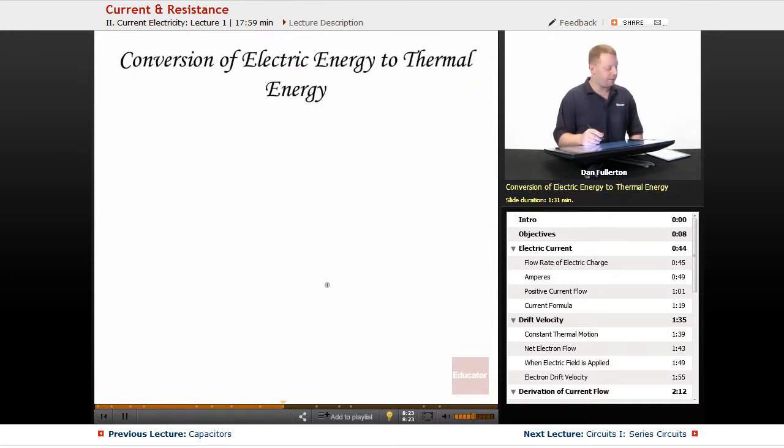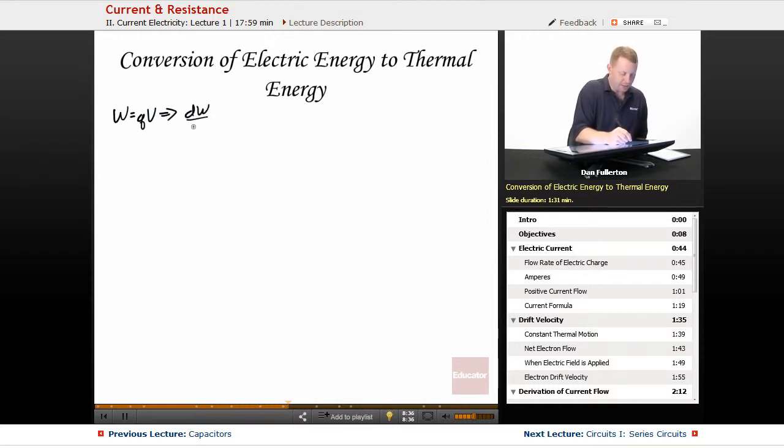Going further, we can even talk about the conversion of electrical energy to thermal energy. The work done, or energy used, is charge times potential difference, which implies that the time rate of change of that, the rate of change of the work done with respect to time, is going to be the derivative with respect to time of QV.